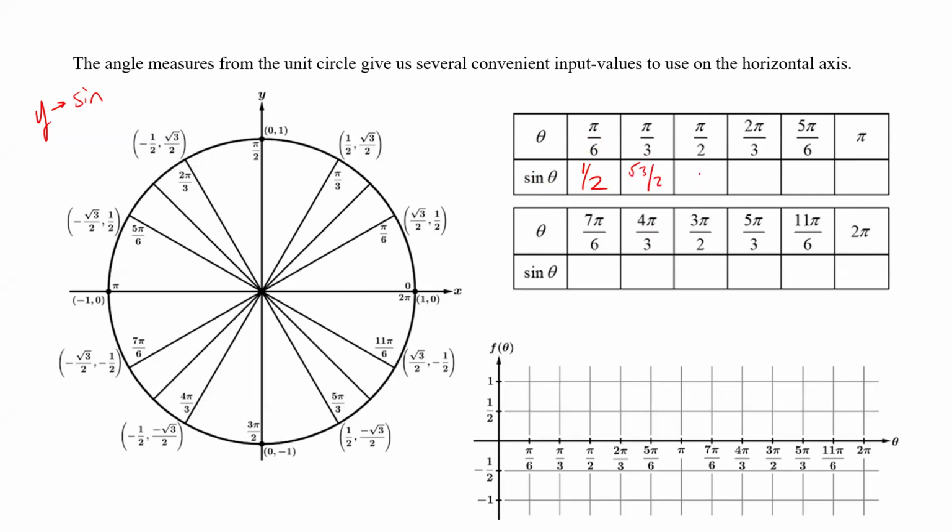Sine at pi over 2? Sine at 2 pi over 3? Sine of 5 pi over 6? Sine of pi? Sine of 7 pi over 6? Sine of 4 pi over 3?